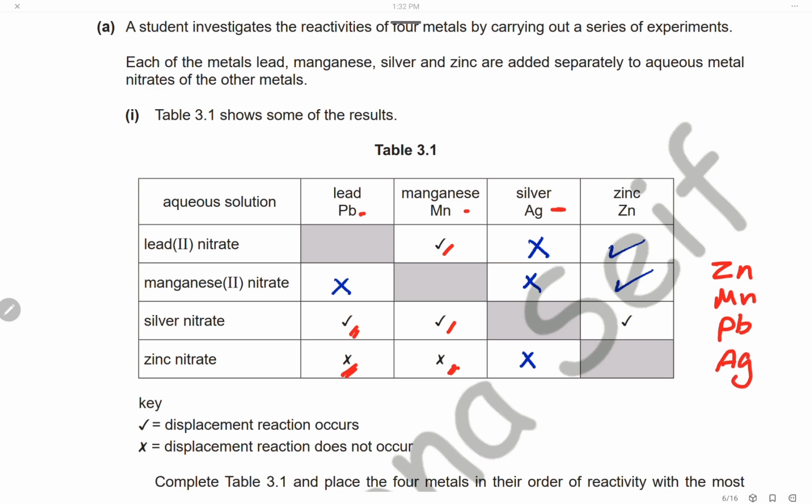Of course, zinc can displace lead from lead nitrate, manganese from manganese nitrate, and silver from silver nitrate. So from the table, we can arrange the metals from the most reactive to the least reactive: zinc, manganese, lead, and silver.